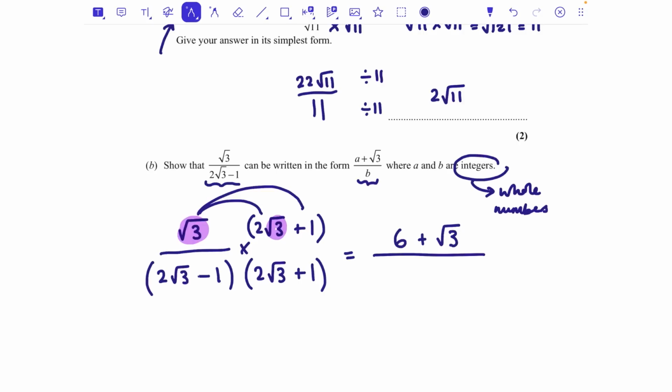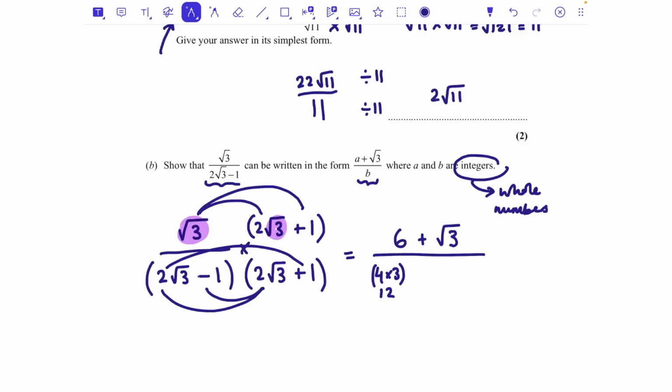On the denominator, we're doing 2 root 3 times 2 root 3. Now, for this times this, we can do 2 times 2, which is 4, times, and then the root 3 times the root 3 gives us 3. So 2 root 3 times 2 root 3 is 4 times 3, which is just going to be 12. Then I'm doing 2 root 3 add 1, multiplying those together, and minus 1 times 2 root 3, and that's add 2 root 3 minus 2 root 3.